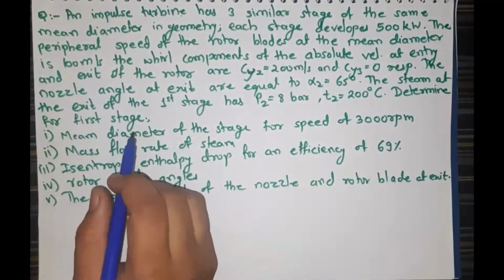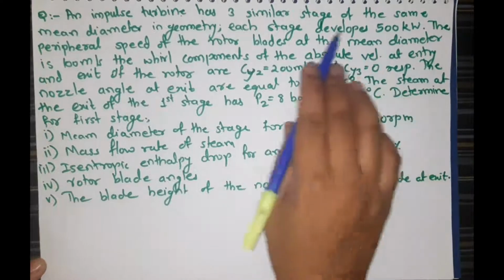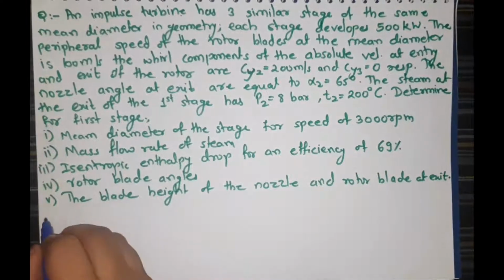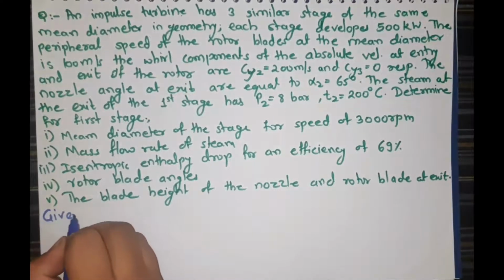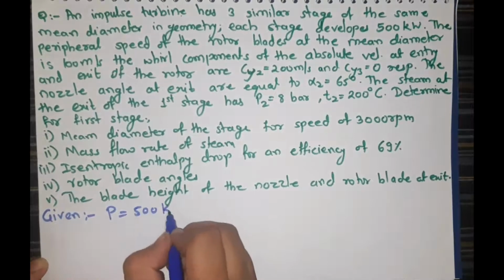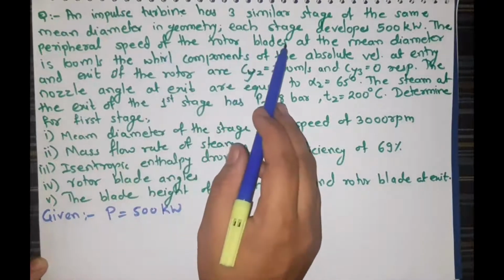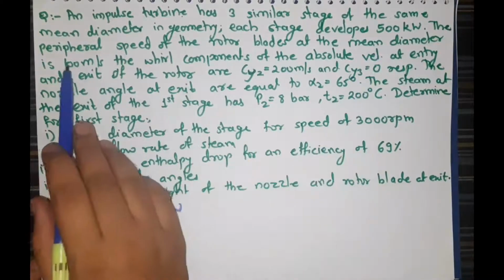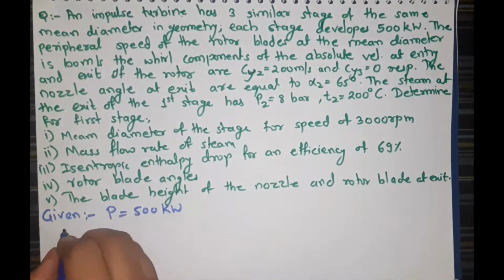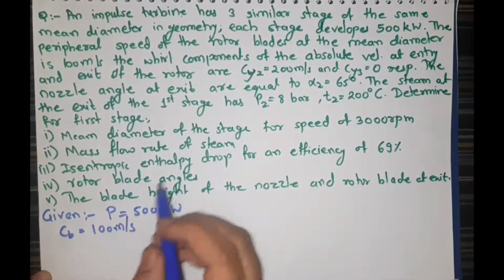So here we can see there are three stages given, and the power developed in each stage is 500 kilowatt. The mean peripheral speed of the rotor at the mean diameter is 100 meter per second. That means Cb is given as 100 meter per second.